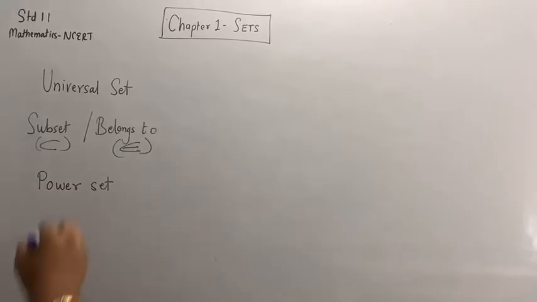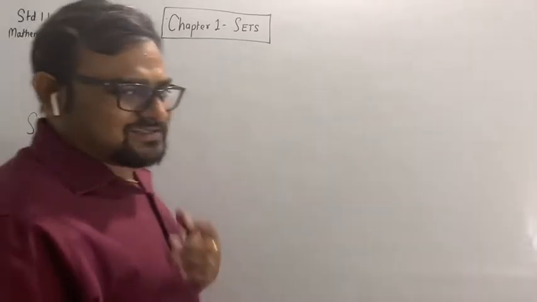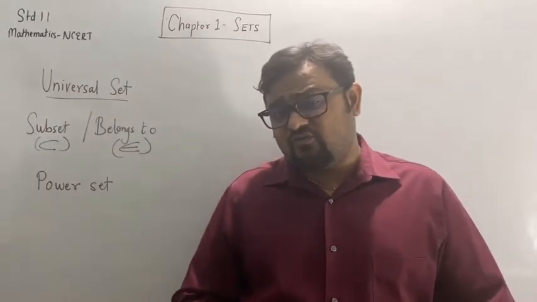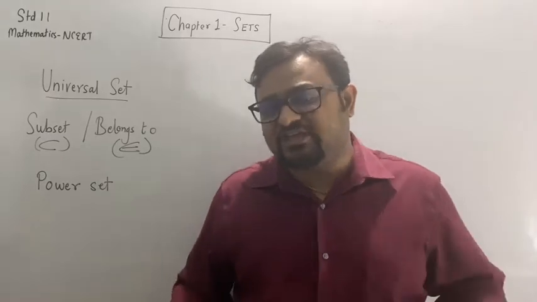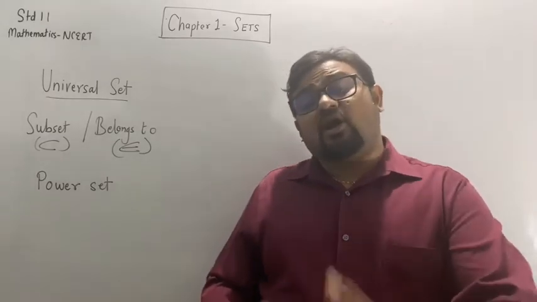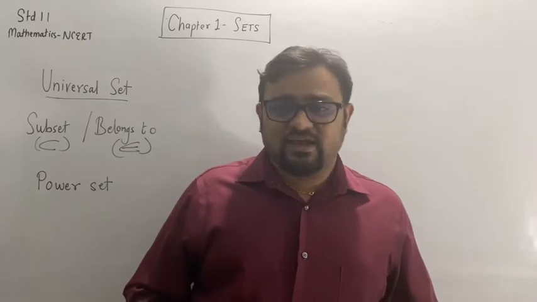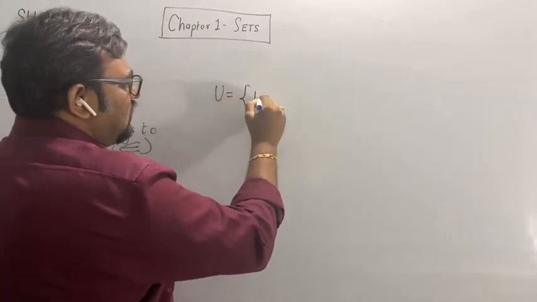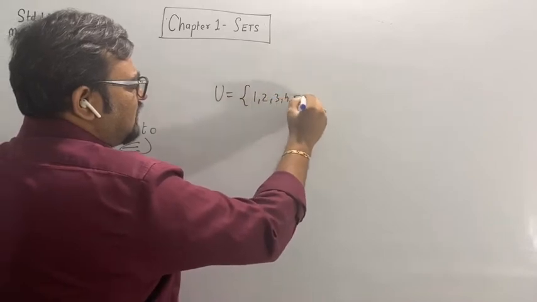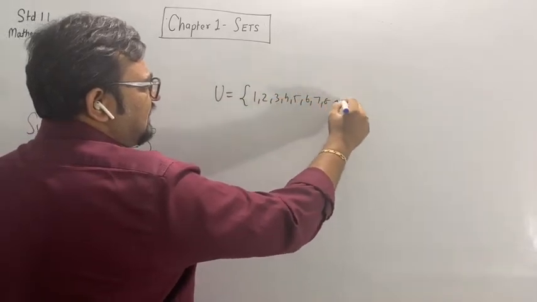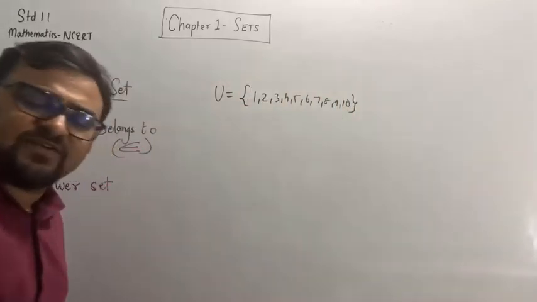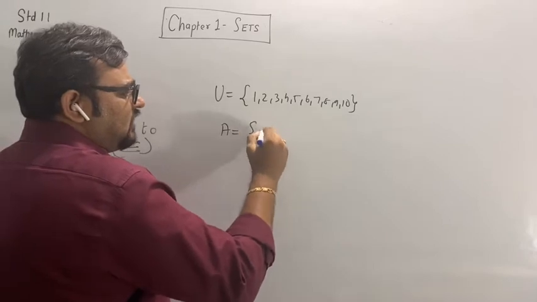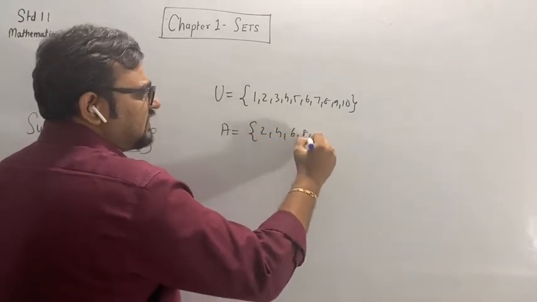The next is the universal set. A universal set is a set that consists of all the objects, including itself, or you can say which includes all the sets in a context. Means if I take U equal to {1, 2, 3, 4, 5, 6, 7, 8, 9, 10}, and then from this, different sets are defined, like set A, even numbers 2, 4, 6, 8, 10.